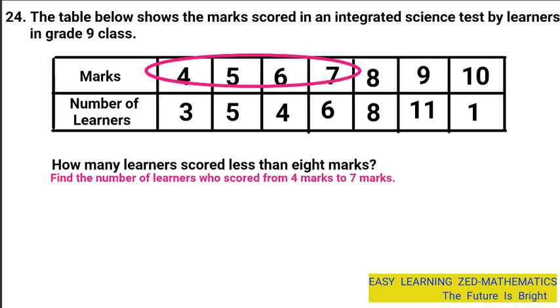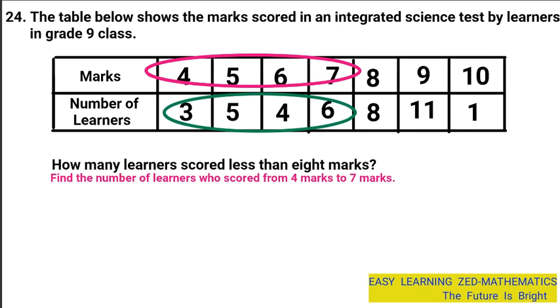The number of learners who scored less than 8 marks are those numbers I've circled in green. Once we've done that, what is left to do is just to add those numbers.